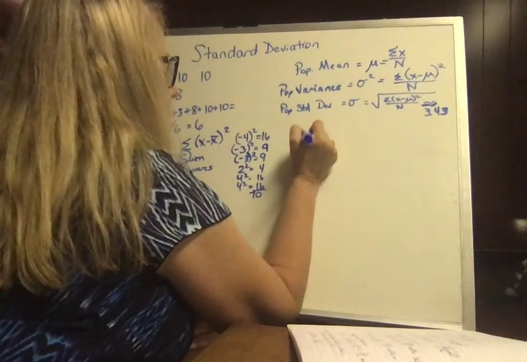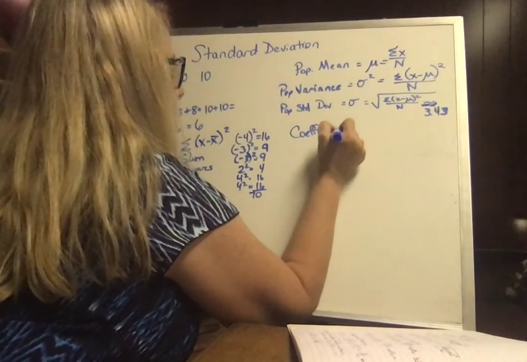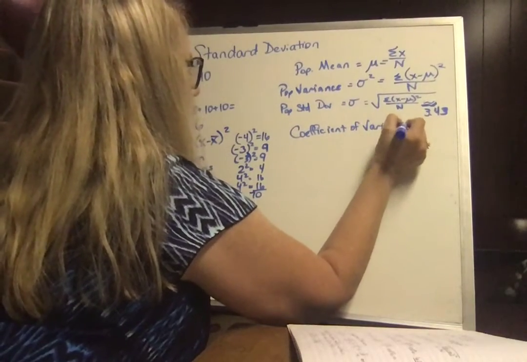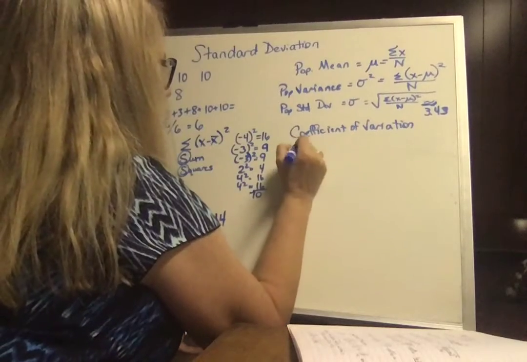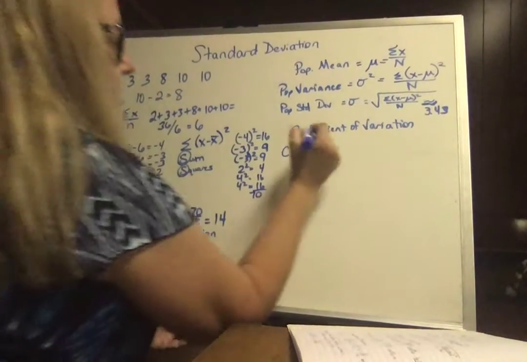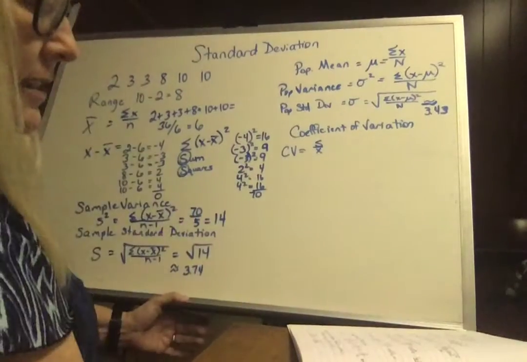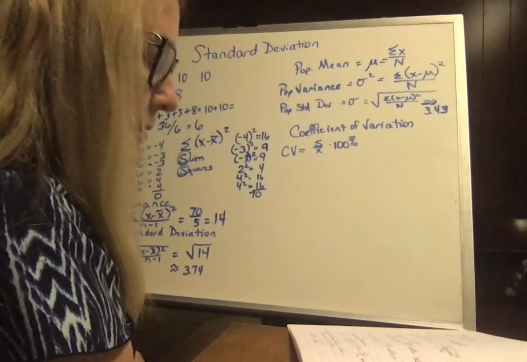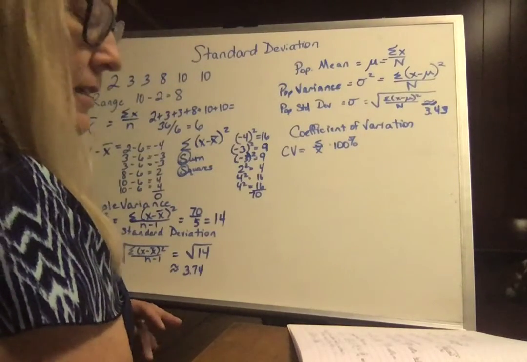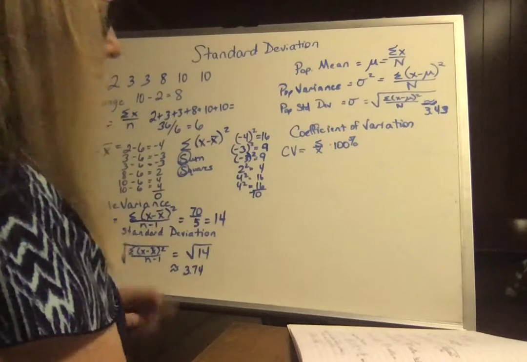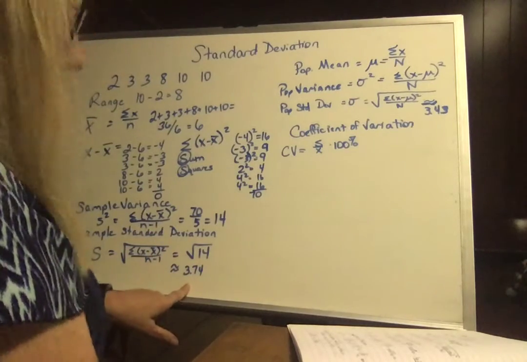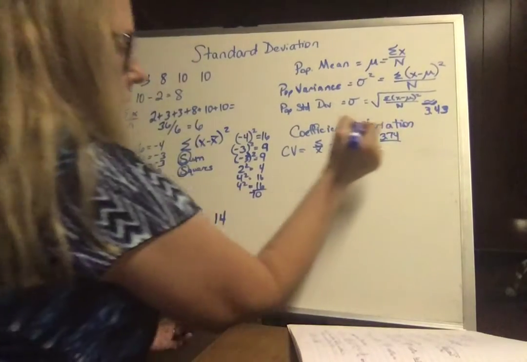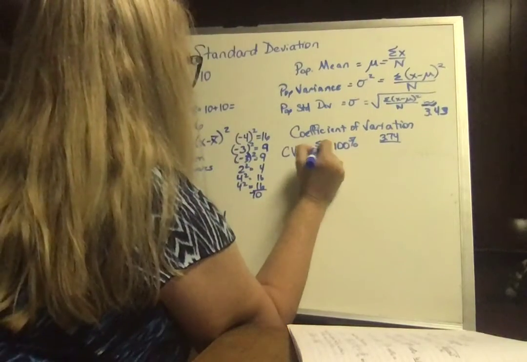We will also, sometimes they'll ask for the coefficient of variation. Coefficient of variation equals S over X bar times 100%. So our S on the first one was 3.74 over, I missed, X bar.